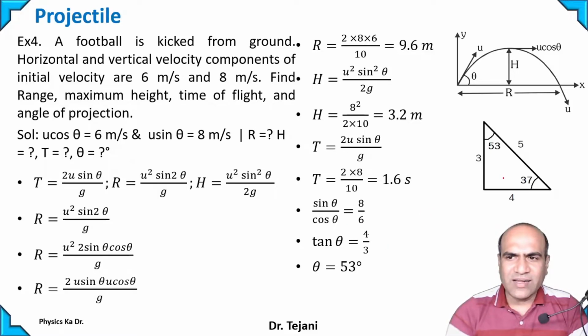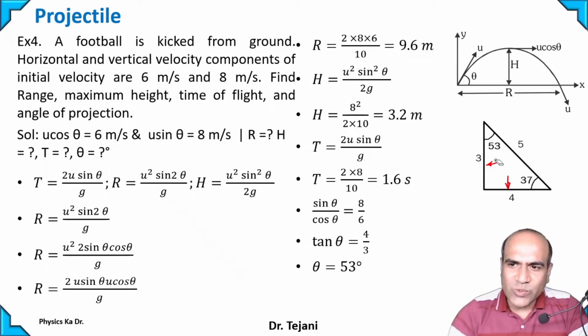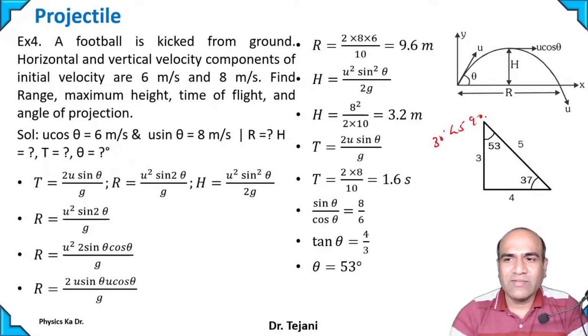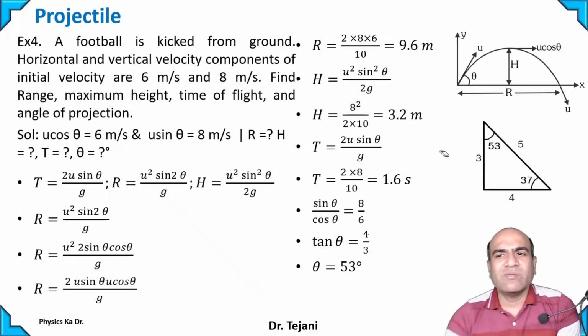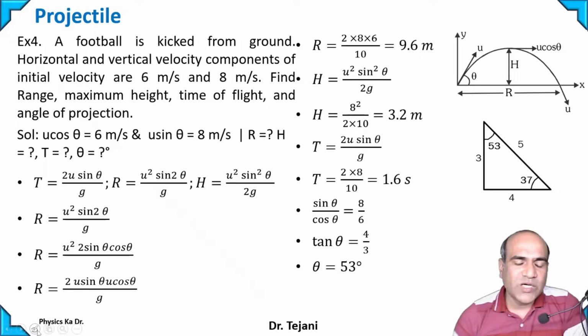I suggest that you remember this also along with the 30-degree, 45-degree and 90-degree angles. With that, remembering 37 and 53 will be automatic, because there are many questions they usually ask for these particular angles, 37 and 53.